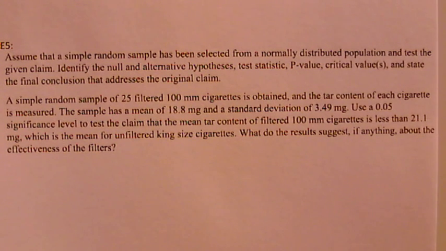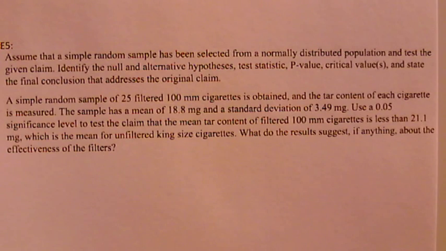In this case, a simple random sample of 25 filtered 100 millimeter cigarettes is obtained, and the tar content of each cigarette is measured. The sample has a mean of 18.8 milligrams and a standard deviation of 3.49 milligrams. Use a 0.05 significance level to test the claim that the mean tar content of filtered 100 millimeter cigarettes is less than 21.1 milligrams, which is the mean for unfiltered king-size cigarettes. What do the results suggest, if any, about the effectiveness of filters?